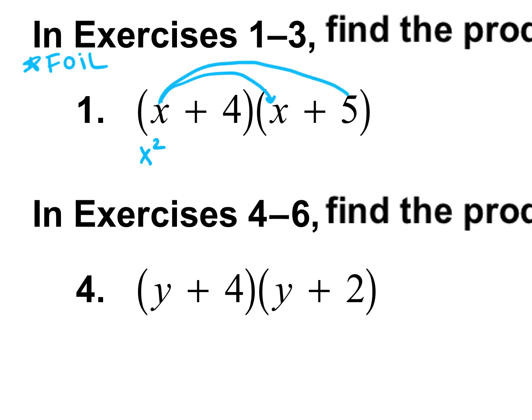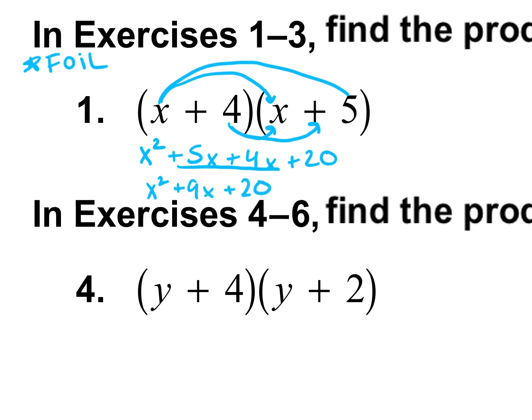What's x times 5? 5x. Then the insides, 4 times x? 4x. And then the last, what's 4 times 5? 20. So we have x squared. We combine the like terms together. What's 5x plus 4x? 9x plus 20. And this would be our answer.